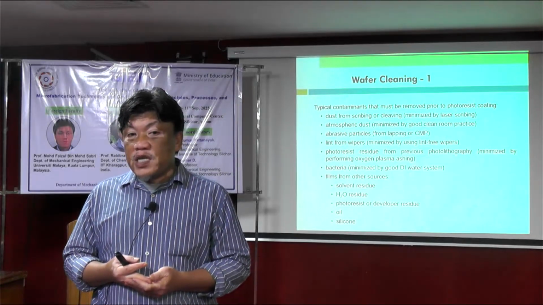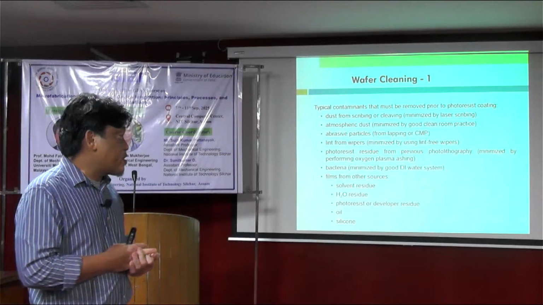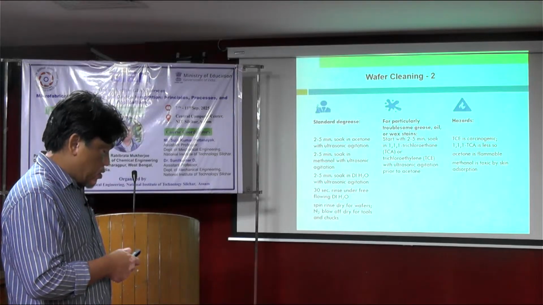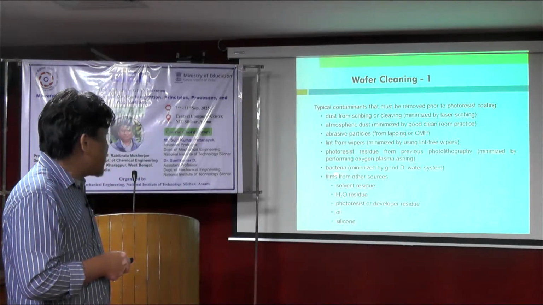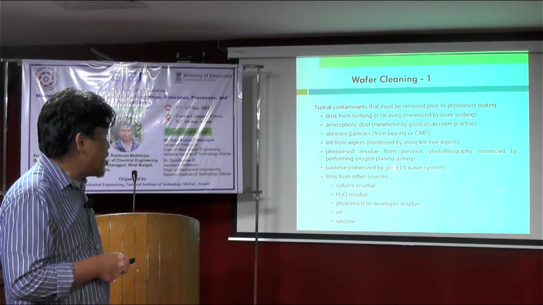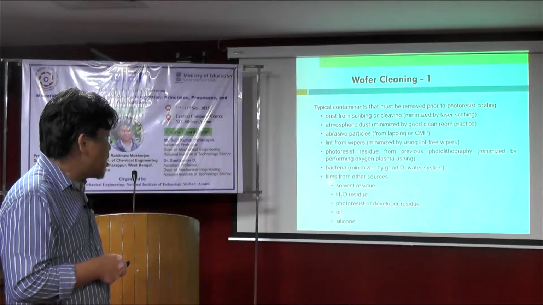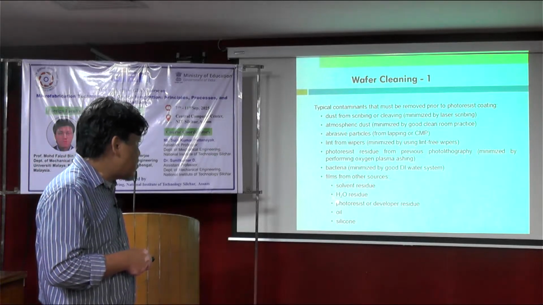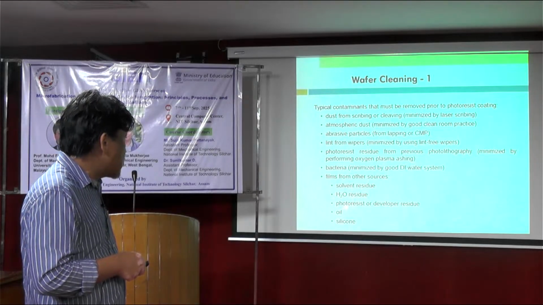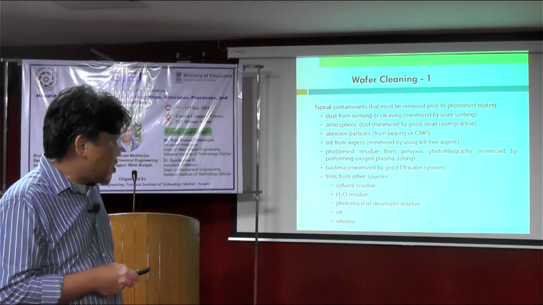So this contaminant needs to be cleaned up before you proceed with the next process. Bacteria, minimized by good DI water. In the clean room, we use deionized water basically in the whole process. Film from other sources, solvent residue, water residue, and photoresist or developer residue, oil and silicon as well.